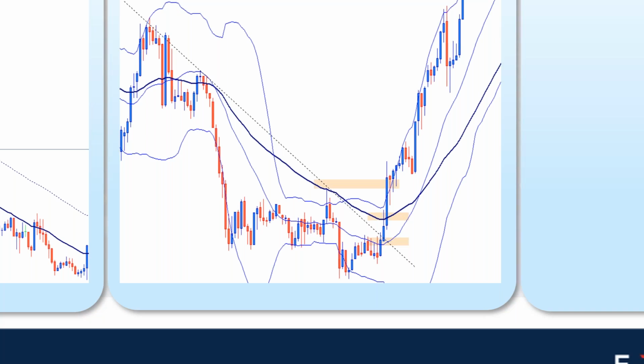And breaking all of these levels is, let's say, a sign of strong momentum in the market.